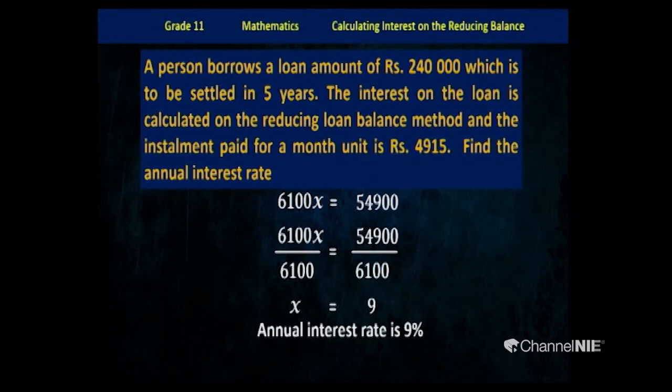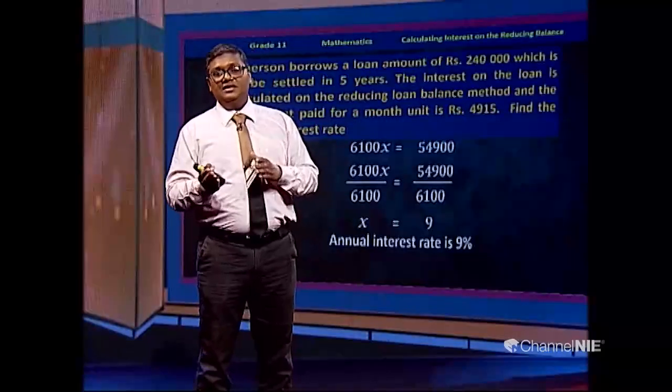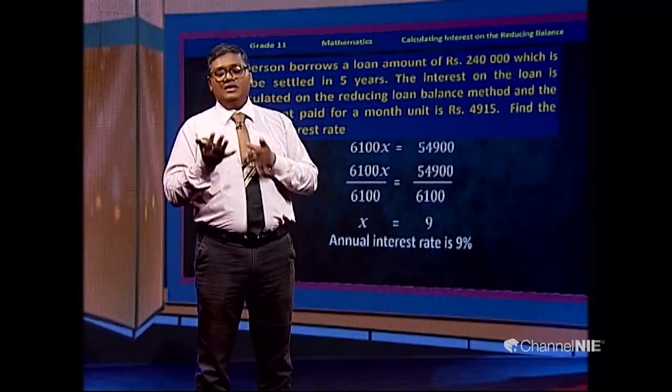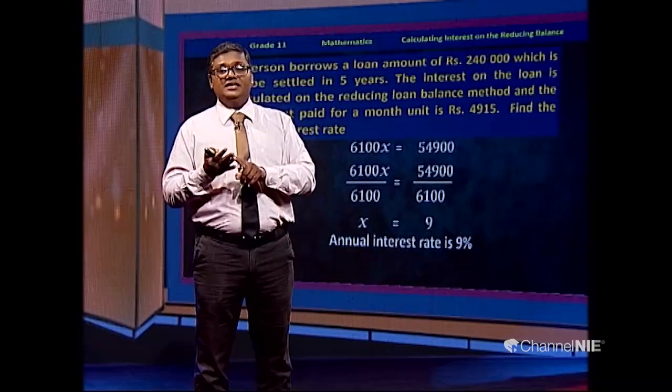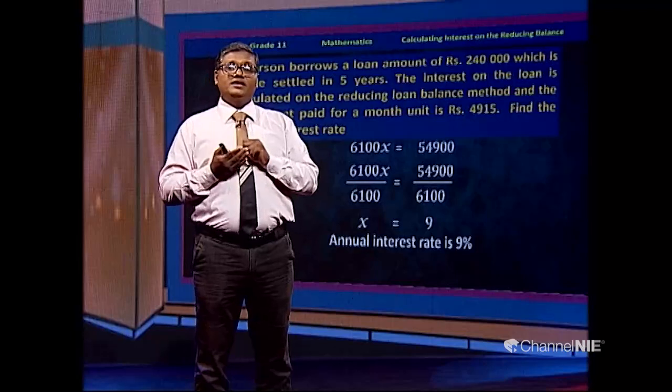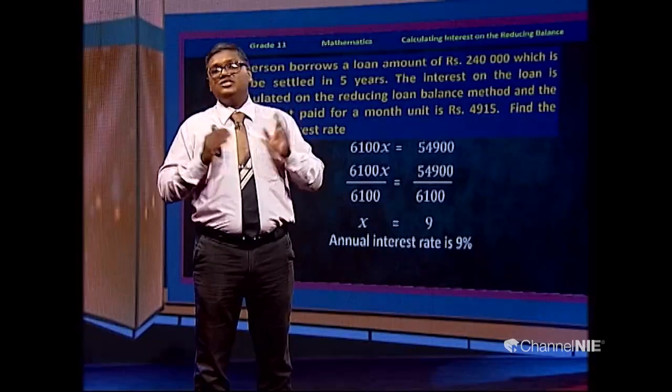Therefore, at the very beginning, we didn't know the annual interest rate. Therefore, we took x. Now, by calculations, we can get x equals 9. Therefore, annual interest rate is 9%. Now we have discussed either method. First, when they give the loan amount, time period, interest rate, how to find the value of a monthly installment.